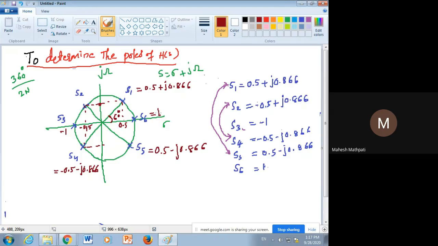So this is how we are plotting the poles, that is roots, on the S plane.